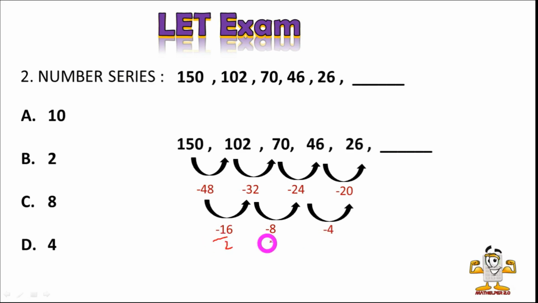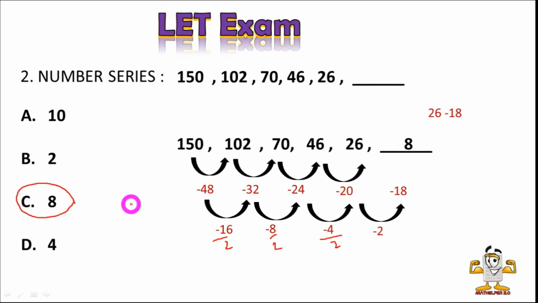So, 16 divided by 2 is 8. 8 divided by 2 is 4. Dito, mag-divide din tayo ng 2, so, magiging 2. So, 20 minus 2 is 18. So, mag-subtract din tayo rito is 26 minus 18 equals 8. So, the correct answer is letter C.